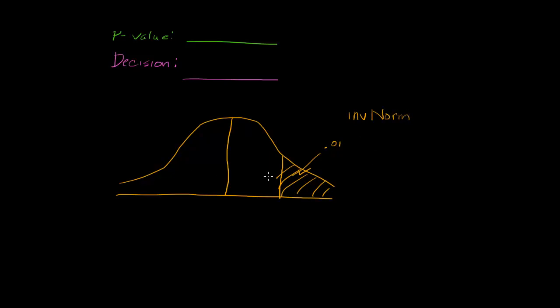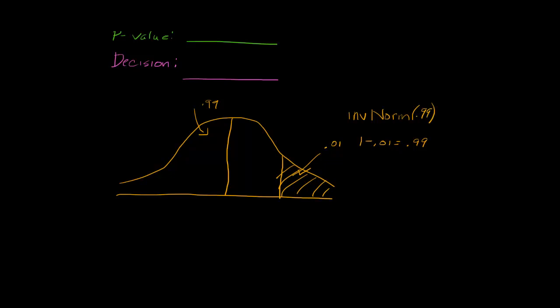So let's see what that would be. The entire area under the curve is 1. So 1 minus 0.01 will give me that area to the left, 0.99. That's this unshaded area. Of course, these two are complements. So I'll use inverse norm, 0.99.